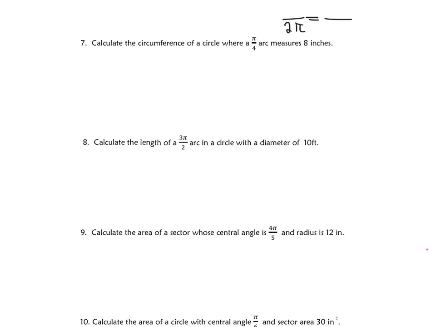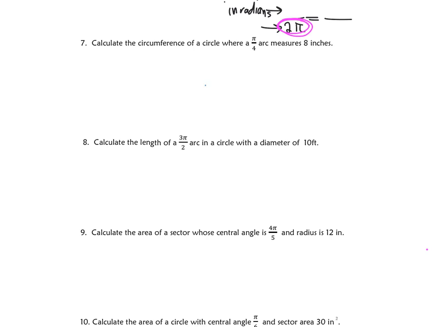The only difference now is this is going to be 2 pi, and then your numerator is going to be in radians, versus degrees, where we had the arc measure in degrees over 360. Now it's over 2 pi. That is an important piece of information: you're always going to divide by 2 pi. That is your constant in these problems.